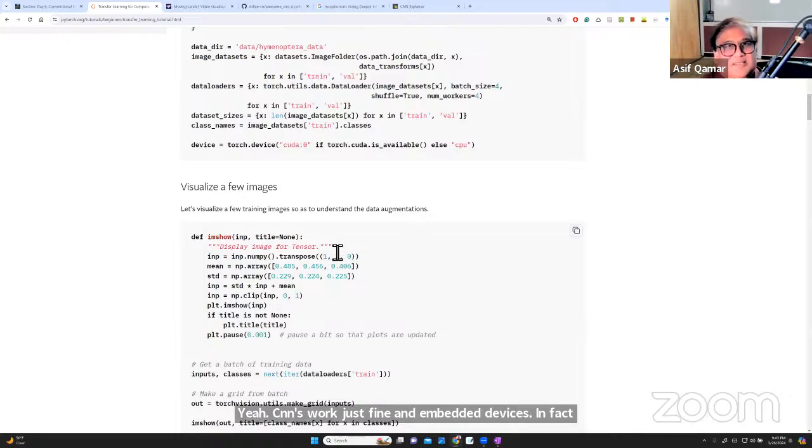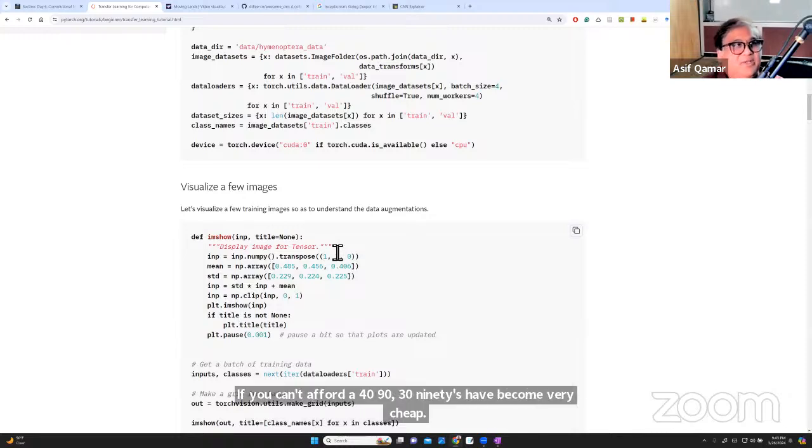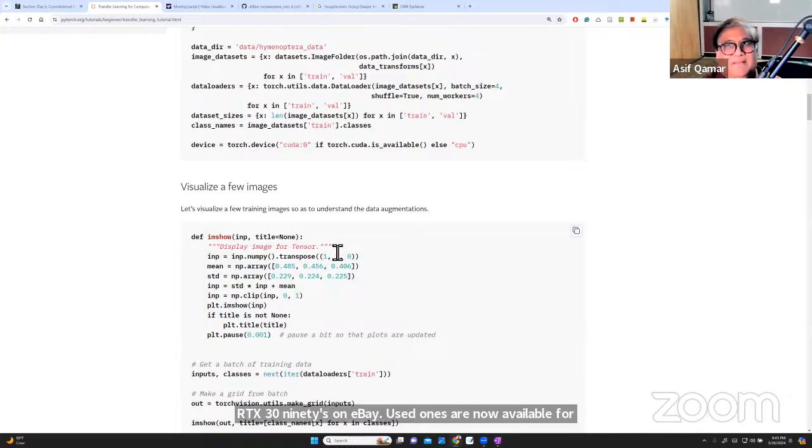But I would suggest, guys, for this course, as a baseline, get yourself a 4090. If you can't afford a 4090, 3090s have become very cheap. Used RTX 3090s on eBay are now available for 650 or 700 bucks. If you're lucky, you can get one for 700 bucks.